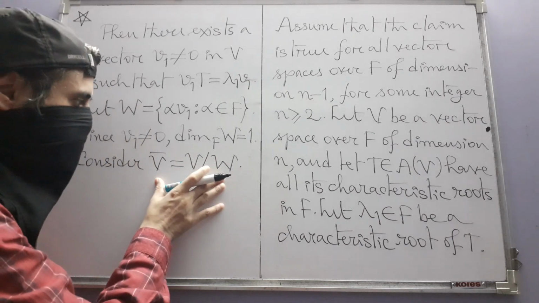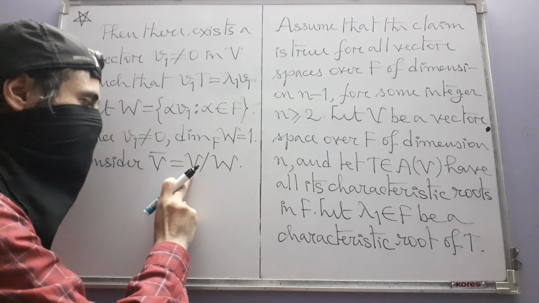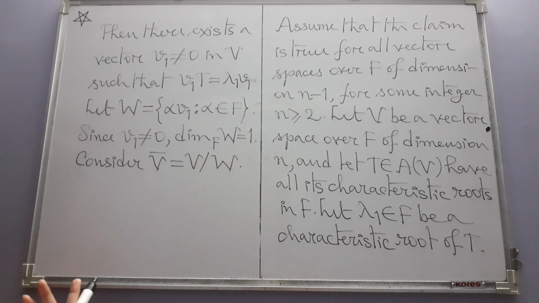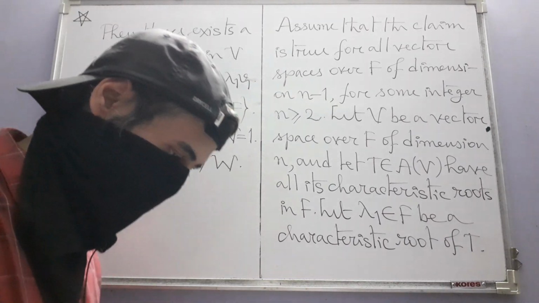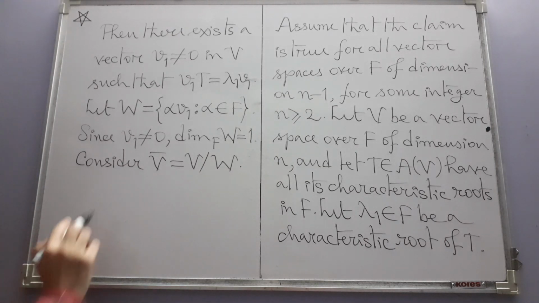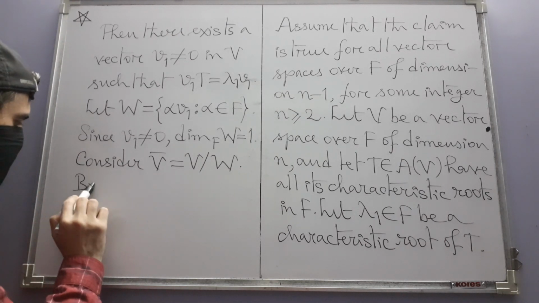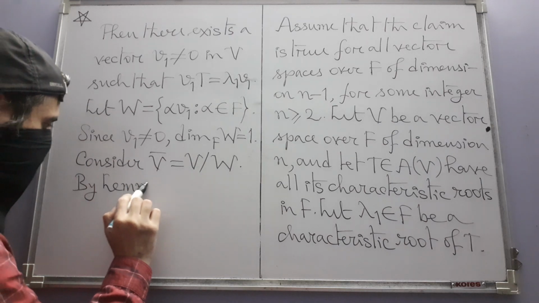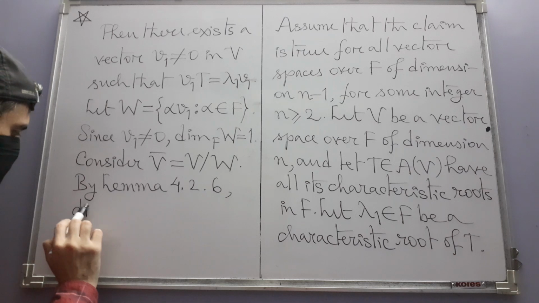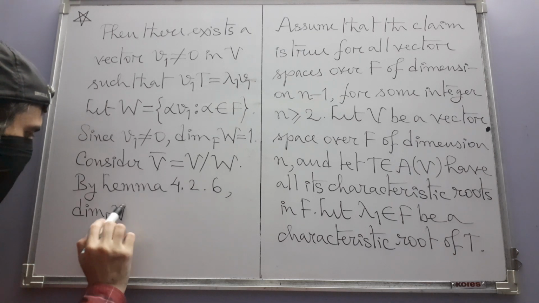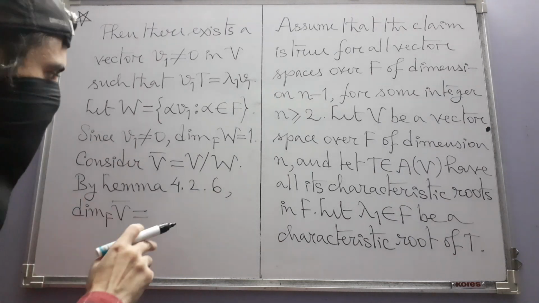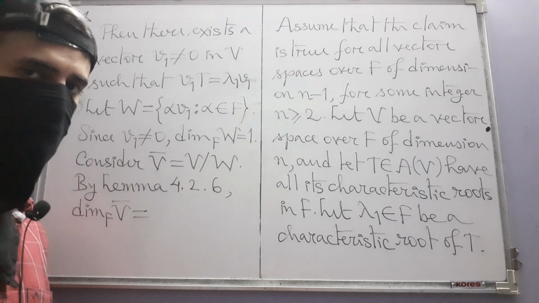So the elements in V bar are cosets of W by vectors coming from capital V. Now by a previous result, lemma 426, because we do not remember the numbers now, this lemma is actually nothing but that one which tells us what the dimension of a quotient space is.